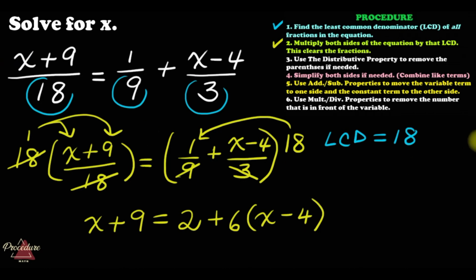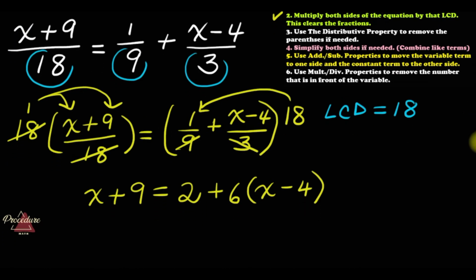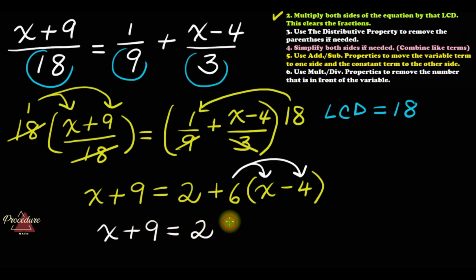Step 3 is to use the distributive property to get rid of the parenthesis. We have to distribute the 6 to remove the parenthesis. So I have x plus 9 equals 2 plus 6x minus 24.